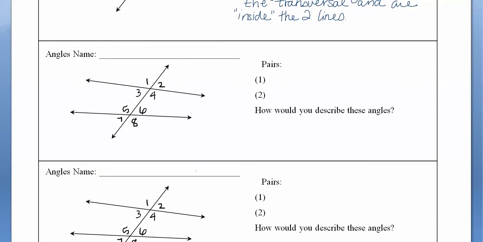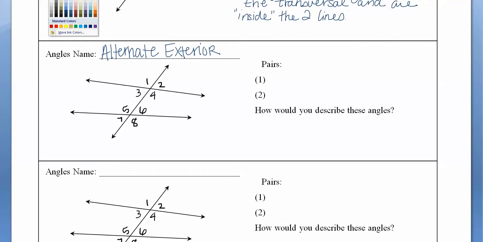Okay. Similar to that, we have alternate exterior. So now that we know what alternate interior is, alternate exterior is very similar. So let's talk about what the exterior is. If this is the interior, then the exterior is here and here.